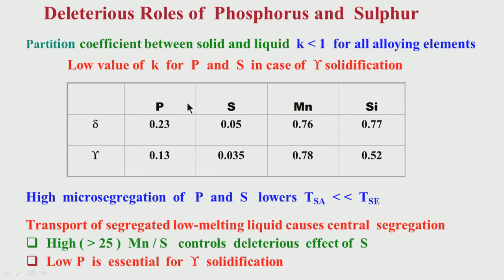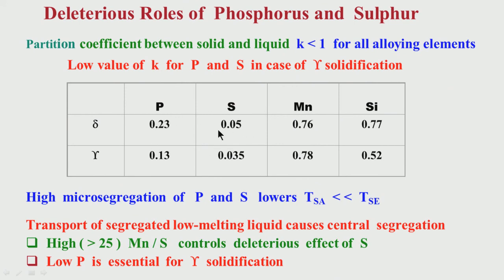Carbon also has low K values, but for carbon what happens is that the back diffusivity Ds for carbon, for nitrogen, all these interstitial elements, is much higher, they diffuse fast. So, even if there is segregation during the stage of solidification, because of diffusion the level of segregation comes down, which does not happen for phosphorus and sulfur.